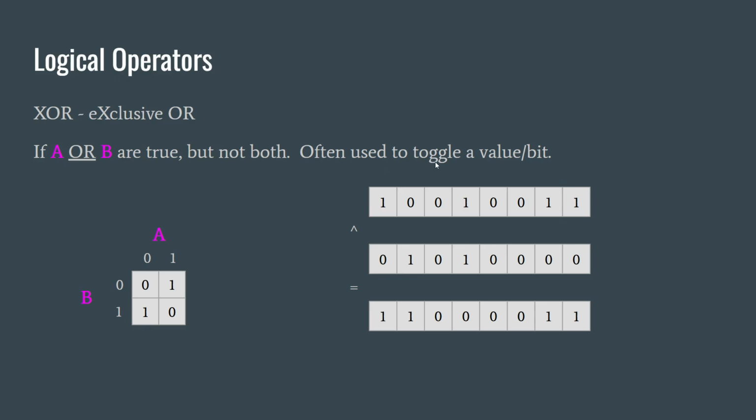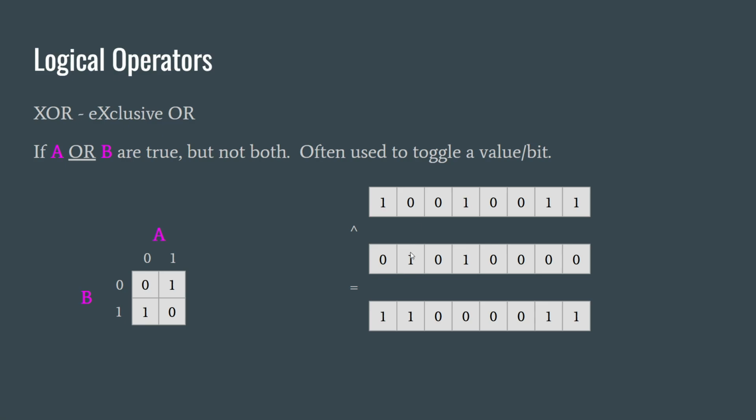Like I mentioned, it's often used for toggling. If you wanted to flip a bit without knowing what the value is, the XOR toggles it. And we can see that in this example. Anywhere we put a 1 into the value that we XOR into a number, that bit is going to flip. So we only have two 1s, both in these two positions, right? And the value we XOR it with, here it has a 1, so it flips it to a 0.